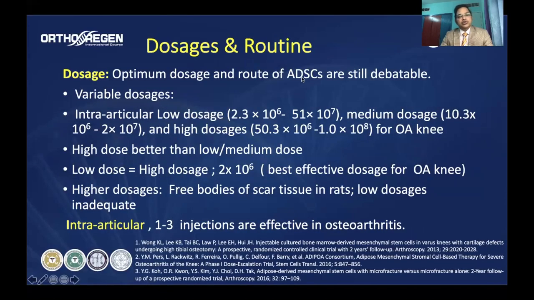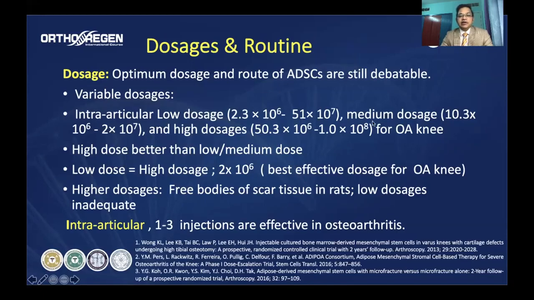Now, what is the dose? What is the dose which is being used in osteoarthritis? Again, the optimal dose is debatable, and there are variable doses. Even if we classify them as low, medium, and high, the dose is different. Somebody considers low at just 2.3 million, while somebody considers 50 billion.